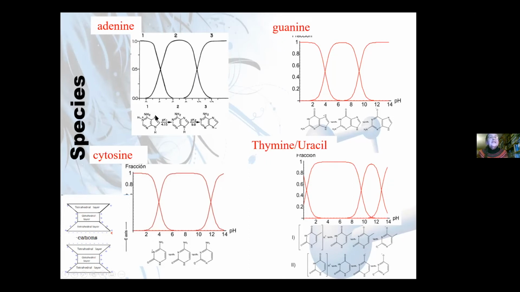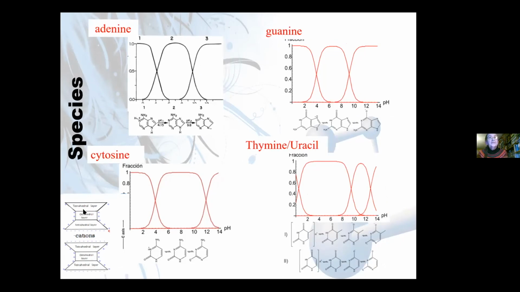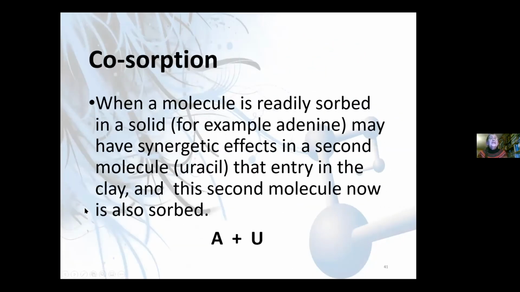So these cations are entering the interlamellar space by ionic interchange, and occupy this space, and they are adsorbed. So there is a co-adsorption phenomenon that is very important in these studies.